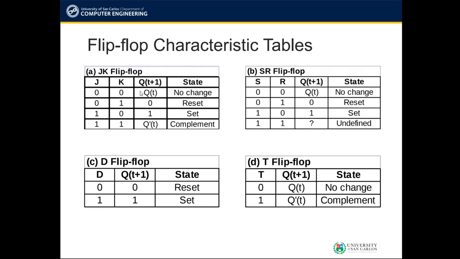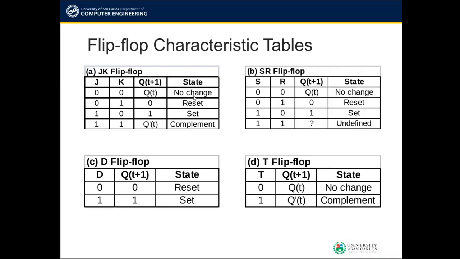Let's say for a JK, if this is 0, 0, the output of your Q, this is Q(t+1), or time plus 1, which is the next time cycle, is Q(t), the present or current time.